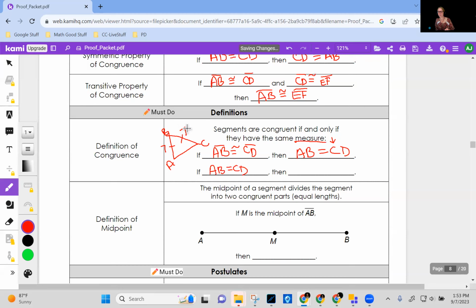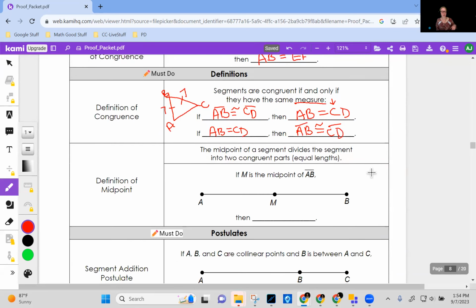So 7 would be the measure, and the line is the line. So it's a little confusing until you get the hang of it. We have AB equals CD is the same as AB being congruent to CD.